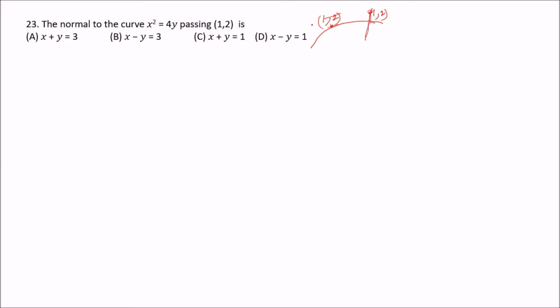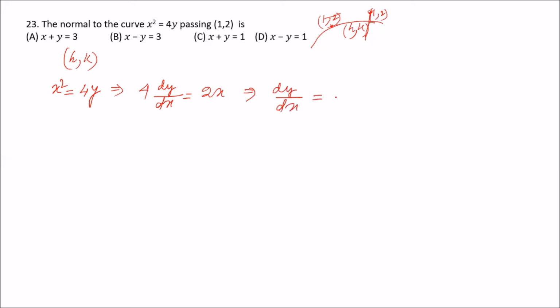So let the point on this curve through which the normal is passing be h, k. Then as usual, first we'll get the slope of the tangent. So x square is equal to 4y. Differentiating, you will get 4 dy by dx is equal to 2x, or dy by dx is equal to x by 2.